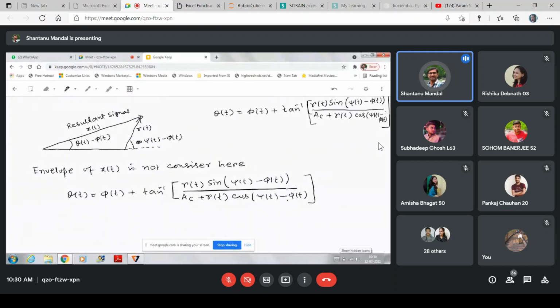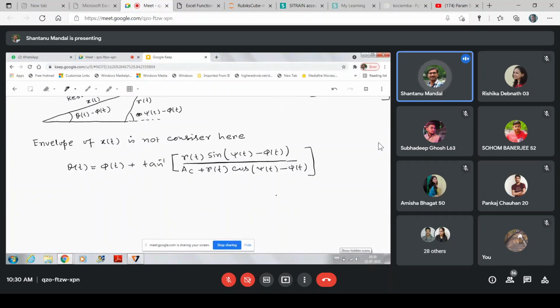This is our consideration, because in case of FM the amplitude variation is not considered, only the phase variation is considered.